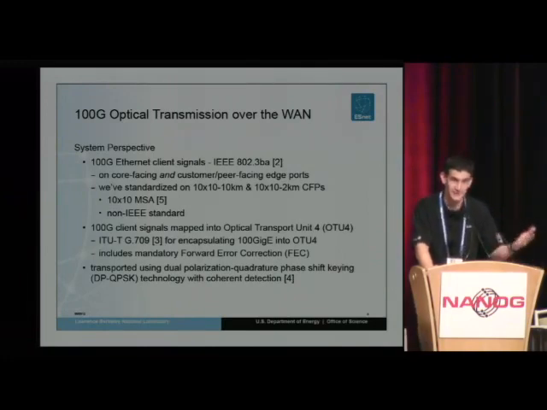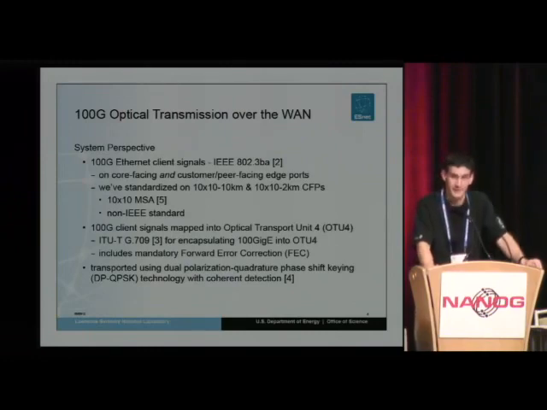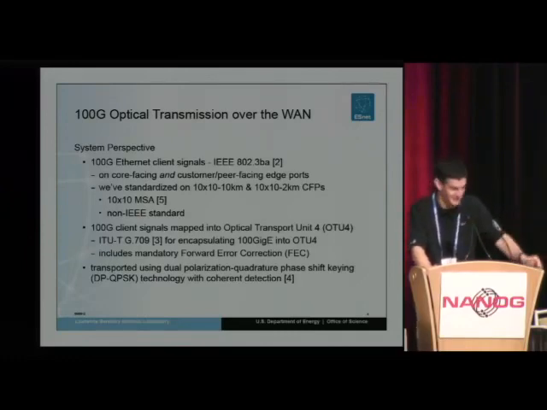That OTU4 signal essentially includes something called forward error correction, or FEC. And what that does is allow for error correction and detection to make sure you can have error-free links over 1,800 kilometers. This does increase the bit rate for that single wavelength up to about the 112 gigabit range due to that extra added overhead.